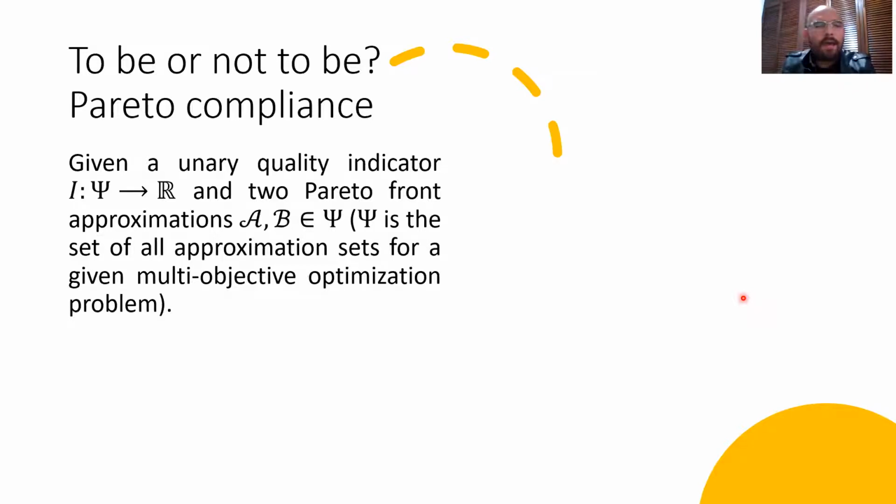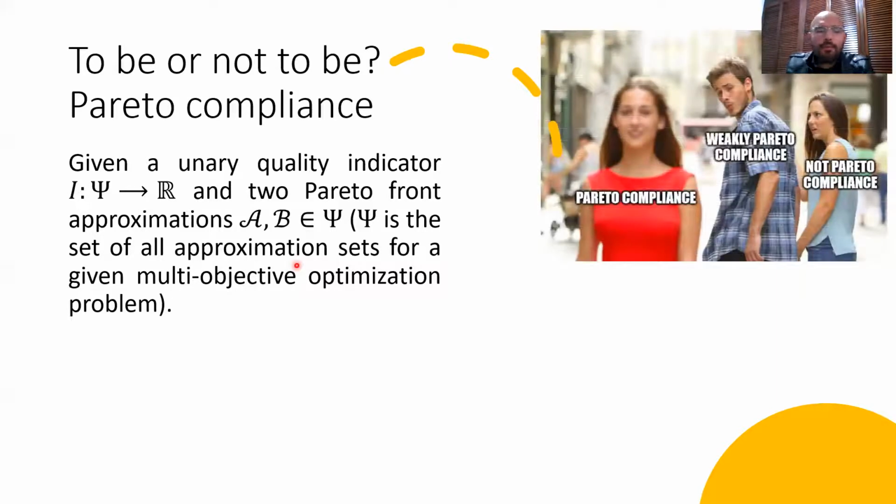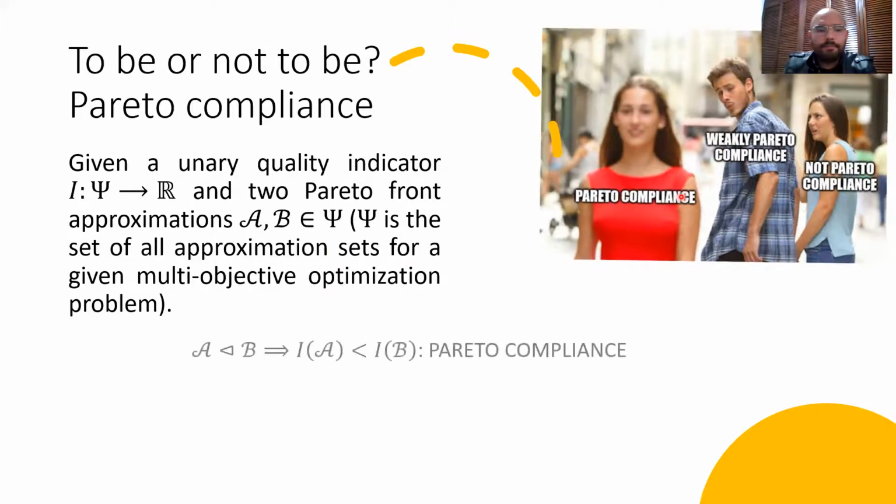Let's go define the Pareto compliance. We need a quality indicator that assigns a real value to one or more Pareto front approximations according to some quality aspects. In this case, we will use the convergence indicators, and using these convergence indicators, we will define the Pareto compliance, the weakly Pareto compliance, and the not Pareto compliance.